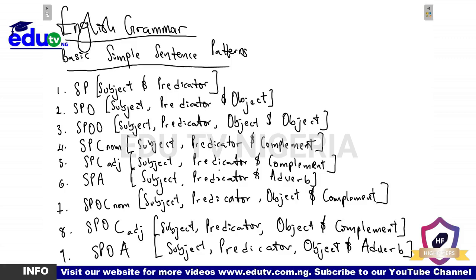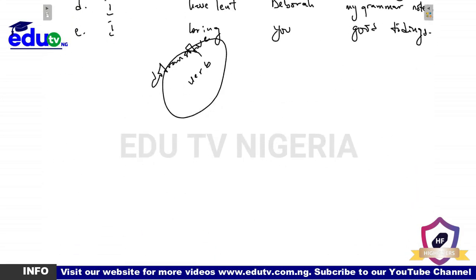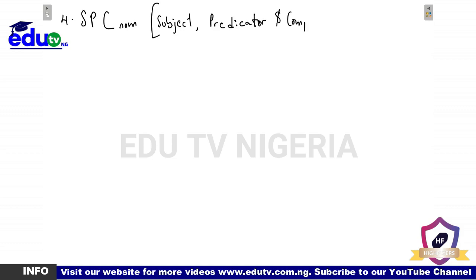So today we would be looking at the next pattern, which is SPC nominal. Pattern 4, SPC nominal. Now when we say SPC nominal, that means that we have the subject, the predicator, and then the complement.